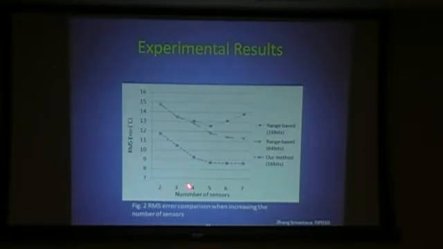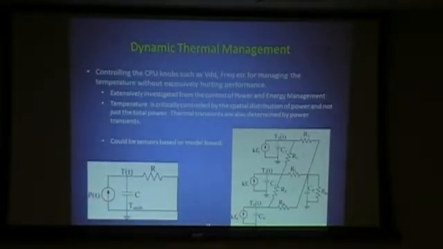So as you increase the number of sensors, the total number of bits per sensor is going down, right? So initially the RMS error in your estimation went down, and then after a certain point it began to increase because the total number of bits available per sensor was not that many. And you had too many sensors which were not very accurate, and that's bad. So there is a number.